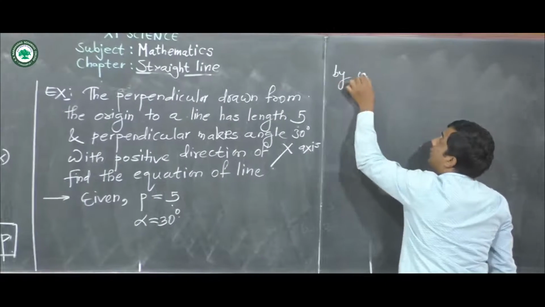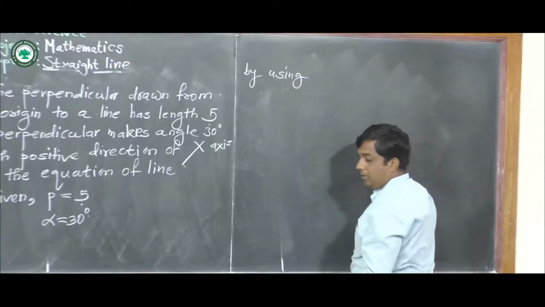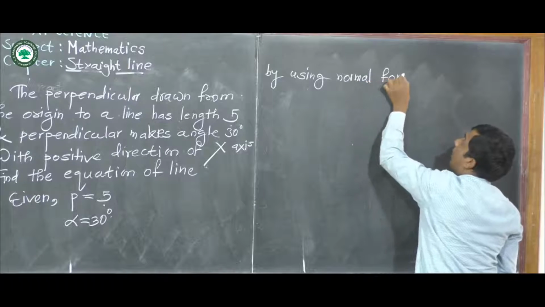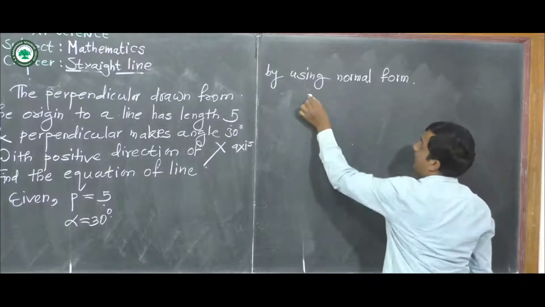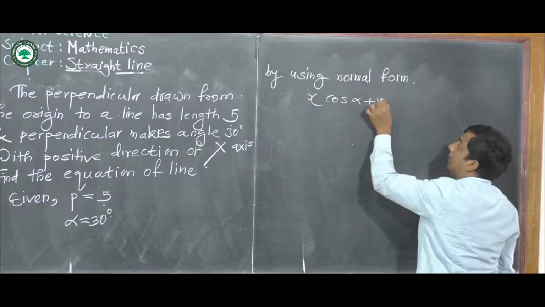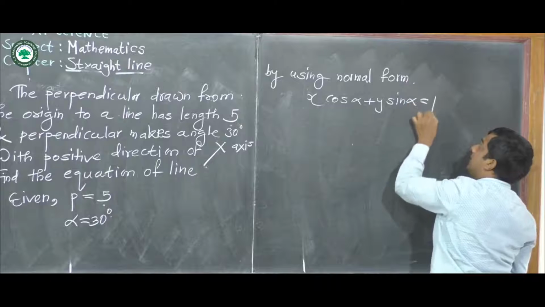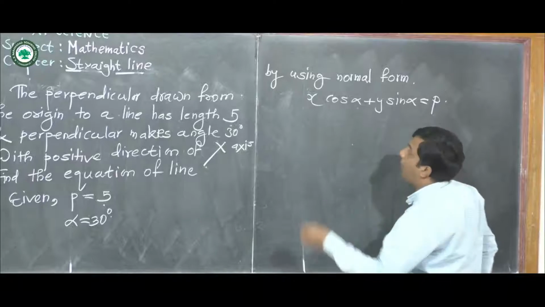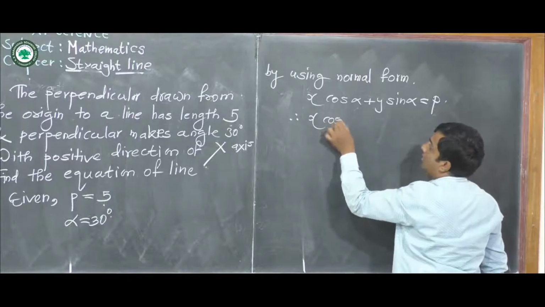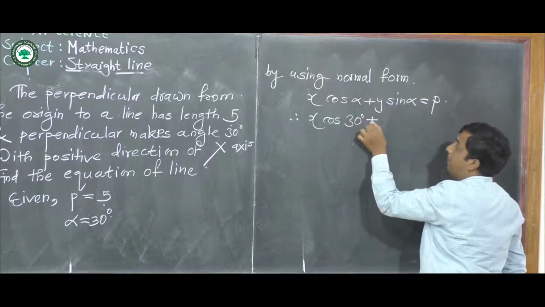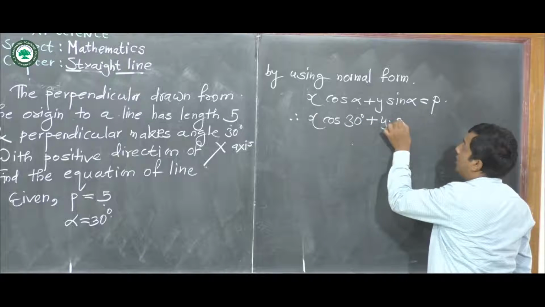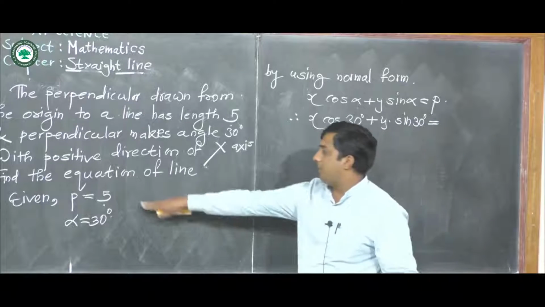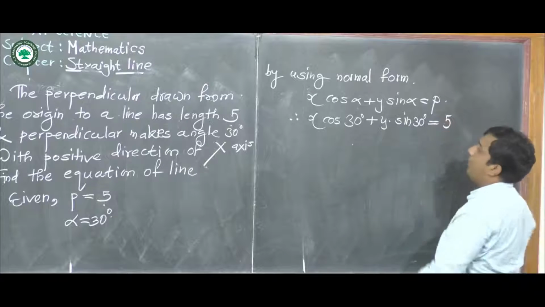So by using the normal form, remember the normal form is x cos alpha plus y sin alpha is equal to P. Let's replace alpha and P in this form. Here x into cos of 30 degrees plus y into sine of 30 degrees is equal to, we know the length of the perpendicular is 5, so this is equal to 5.